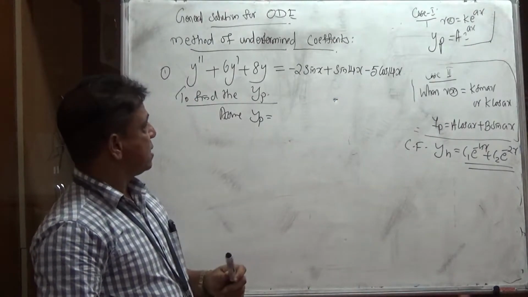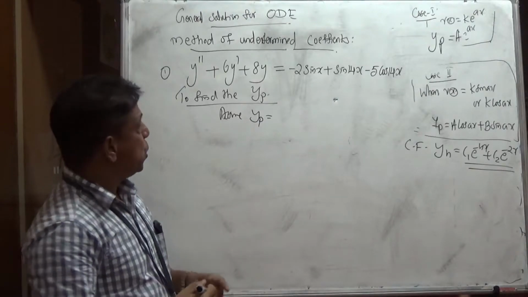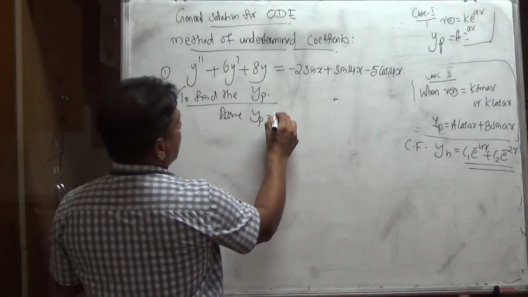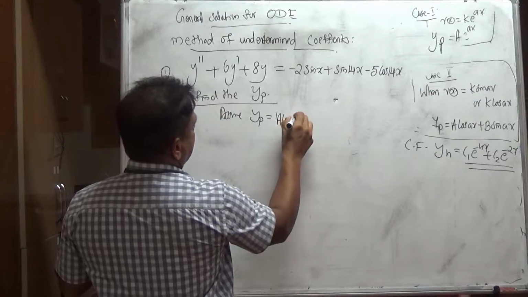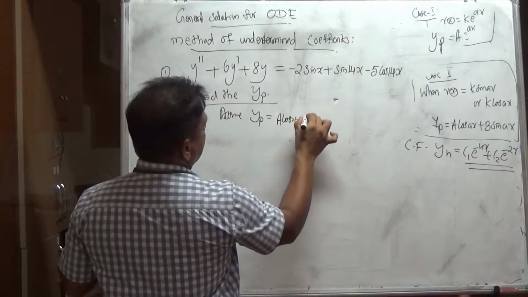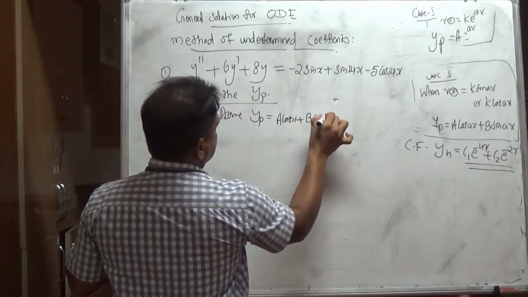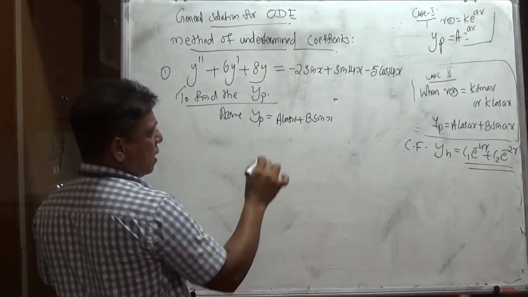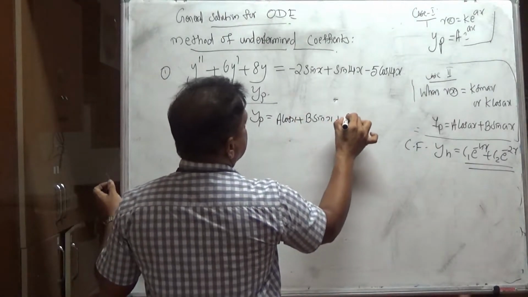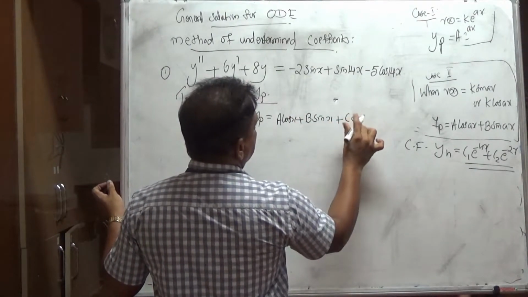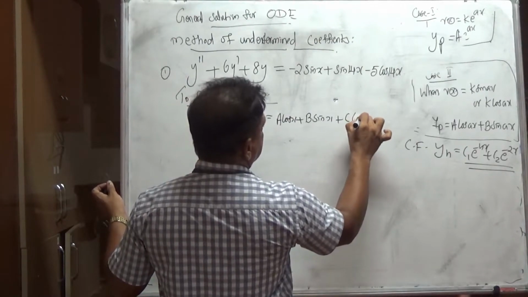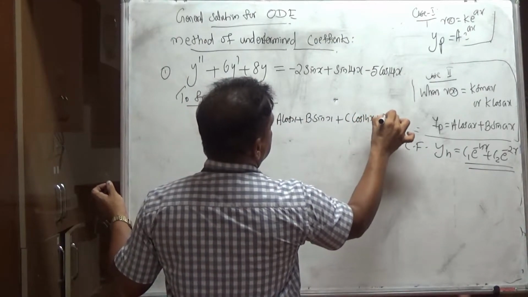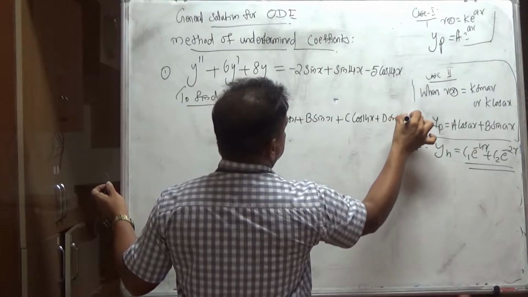In this case, we assume yp as a cos x plus b sin x, since the argument is 1, plus c cos 14x plus d sin 14x.